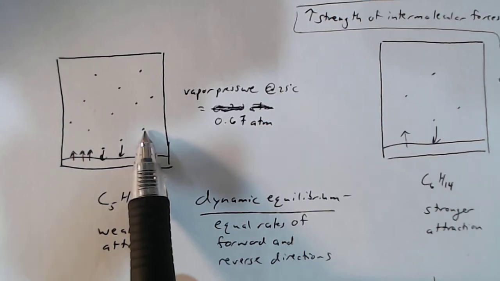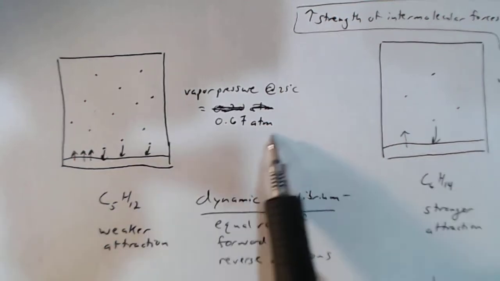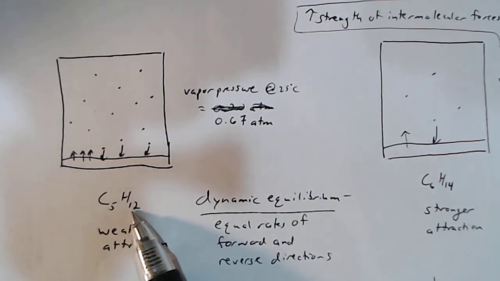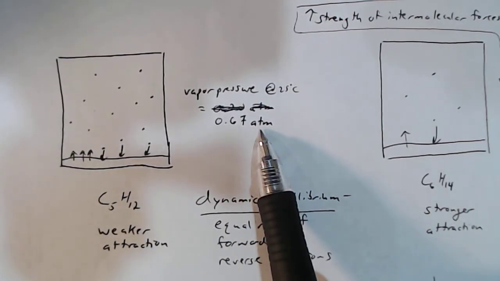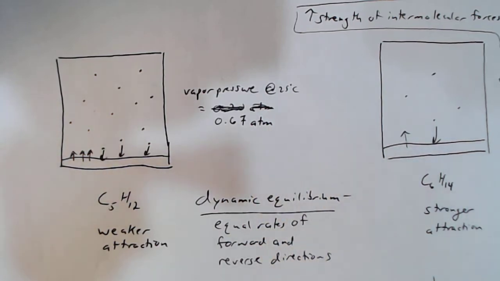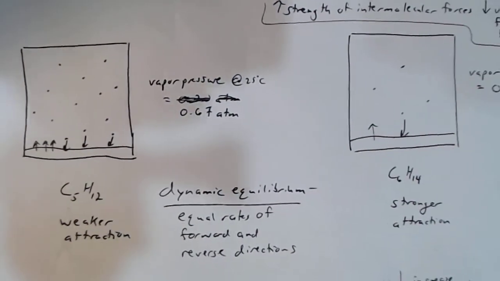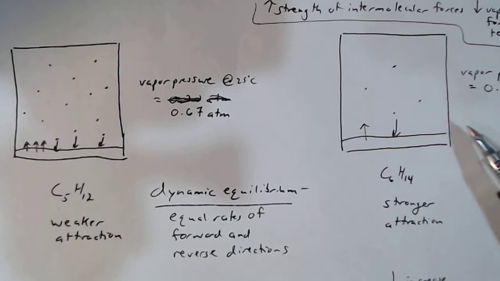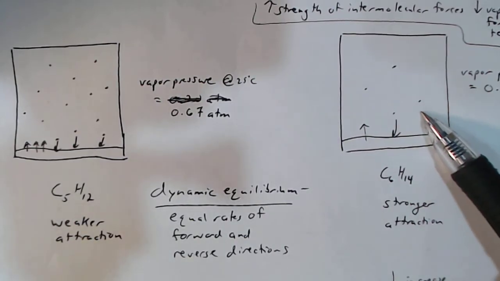So you can do studies and show that at 25 degrees Celsius, pentane, C5H12, has a vapor pressure of 0.67 atmospheres. But if you were to do a similar test on hexane, which is slightly larger, C6H14, you would see that at that same temperature, there's much less vapor.